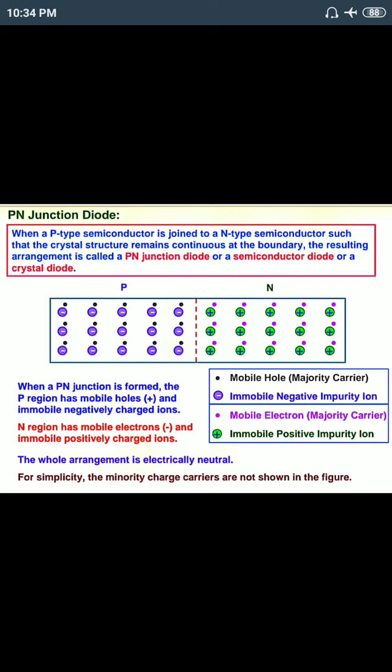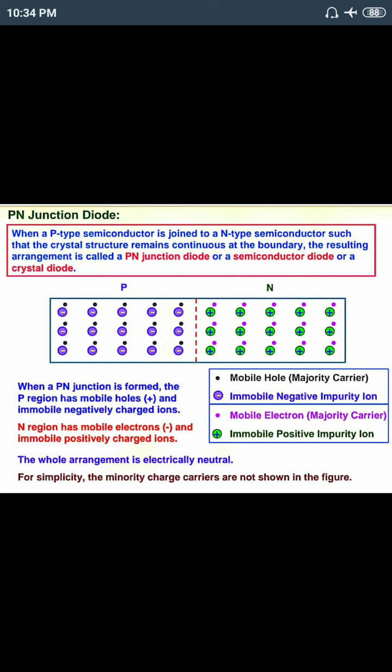So when the junction is formed, at the red dotted line, the majority carriers in the p side and the minority carriers in the n side attract each other because both are opposite charges.